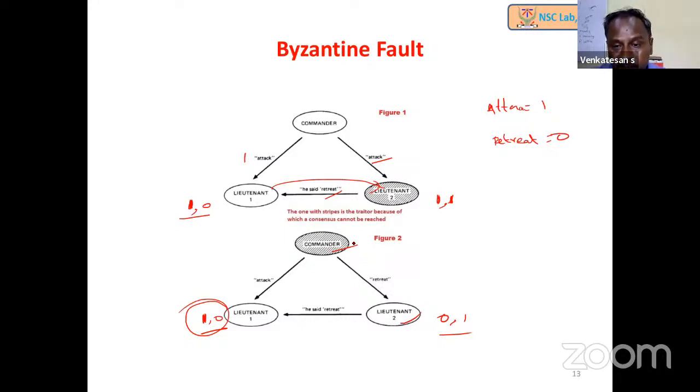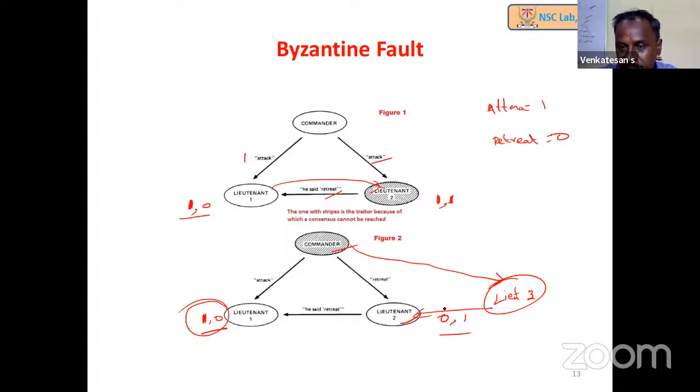Now let's see that there is 1 more lieutenant. So we have lieutenant 3. Now they are also exchanging the messages. Now what is going to happen?